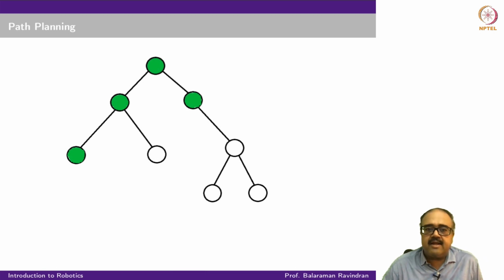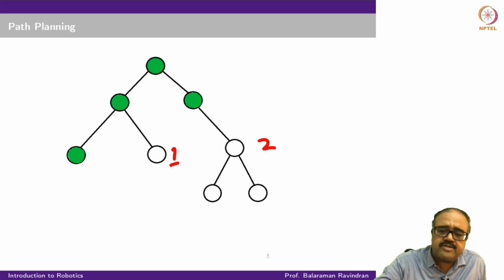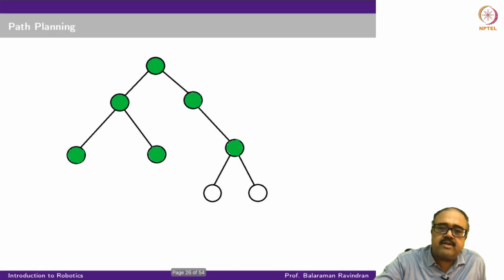Now I don't add anything more to the queue, so my queue will still have this as 1 and that as 2. I'll continue with the 1, and that's not going to change much. And then I'll go to the next one.